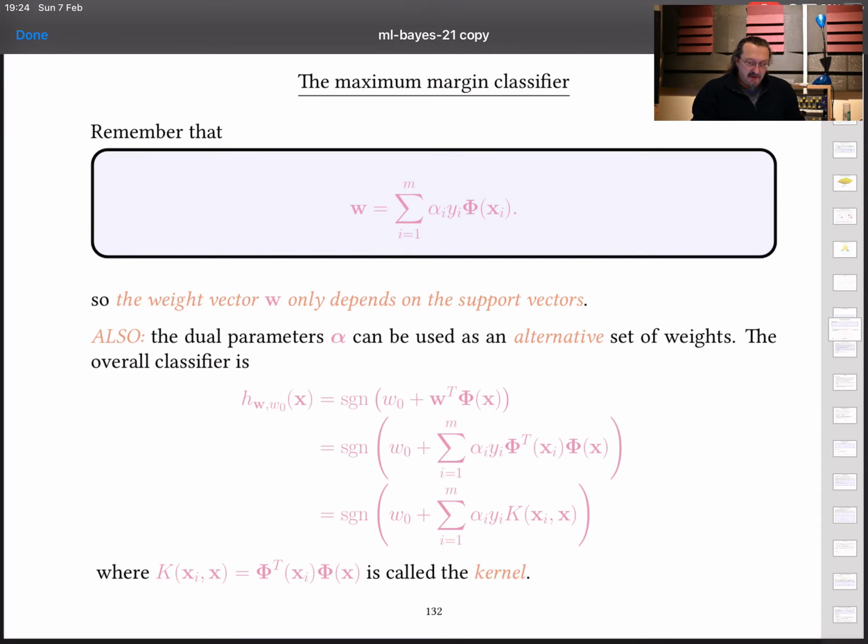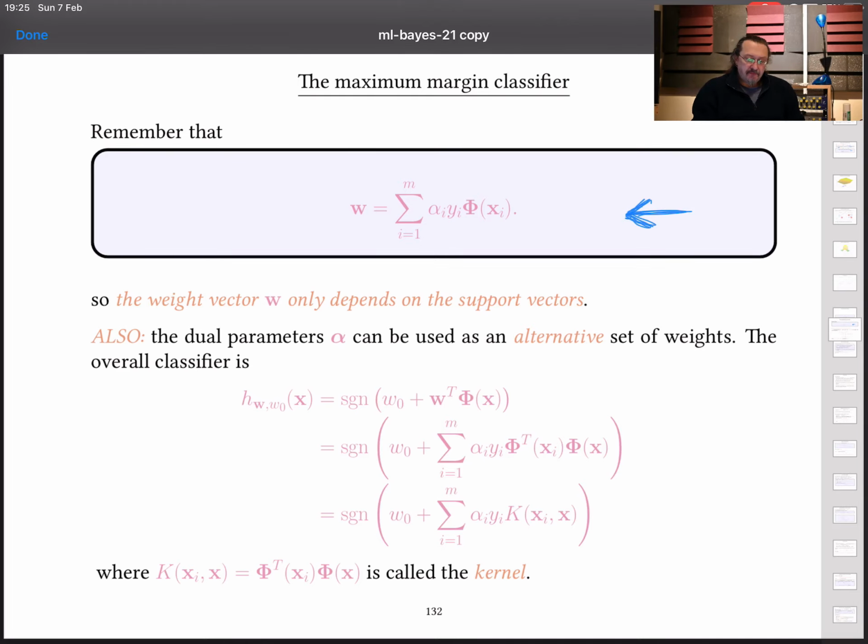That means that this expression that we derived for the structure of the weight vector is going to have a lot of zero elements in its sum, because you'd expect only a small number of those training examples to be as close as possible to the decision boundary, and those are the only ones for which the ith alpha will be non-zero.